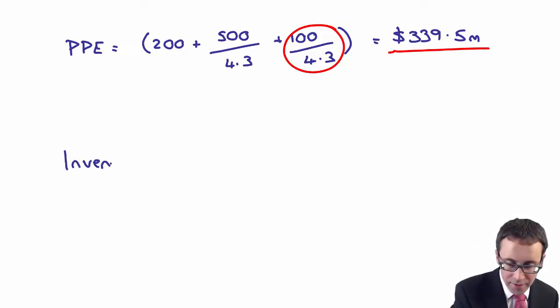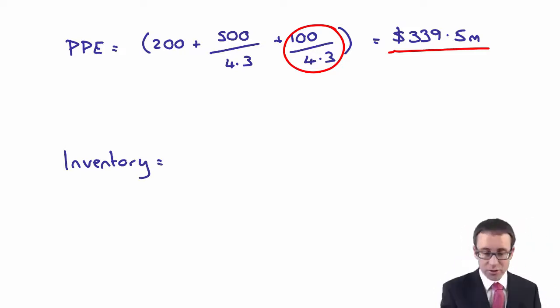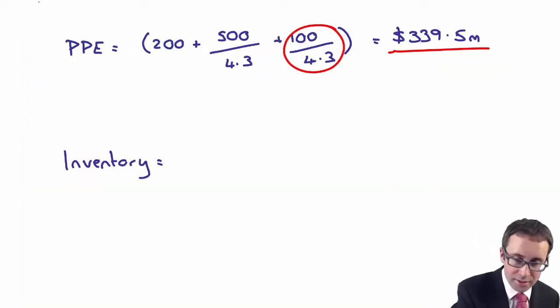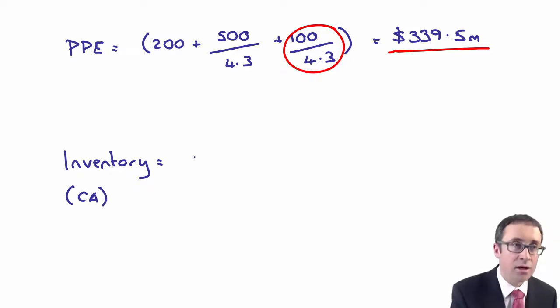The inventory, I think I must have taken pity on you whilst writing the question, because on the inventory there is no provision for unrealized profit. Okay, should we just say it's the current assets? So what you've got there is the current assets. We can add across, can't we?